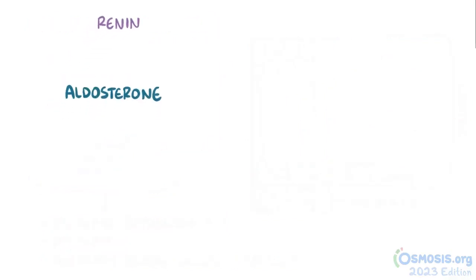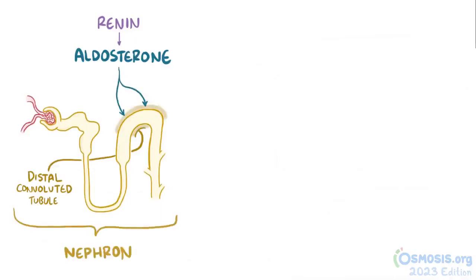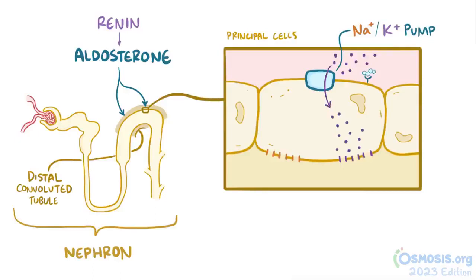Aldosterone is secreted in response to elevated levels of renin, and its role is to bind to receptors on two types of cells along the distal convoluted tubule of the nephron. First, it stimulates the sodium-potassium ion pumps of the principal cells to work even harder. These pumps drive potassium from the blood into the cells, and from there it flows down its concentration gradient into the tubule to be excreted as urine.